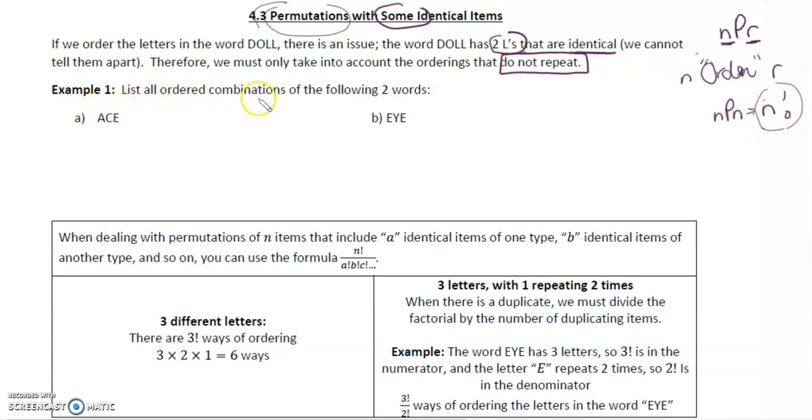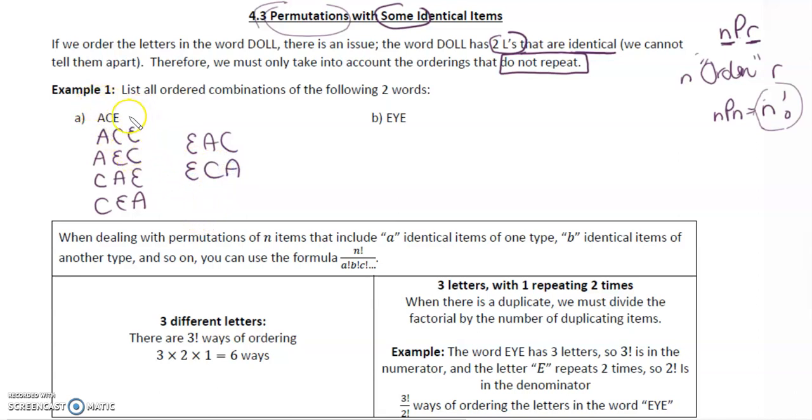List all ordered combinations of the following two words. So if we have the word ACE, we have ACE, we also have AEC, and we have CAE and CEA, and then we have EAC and ECA.